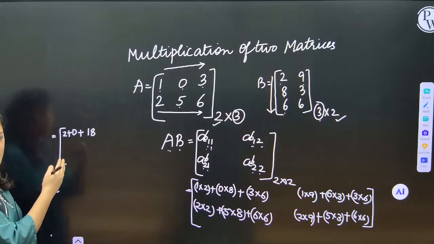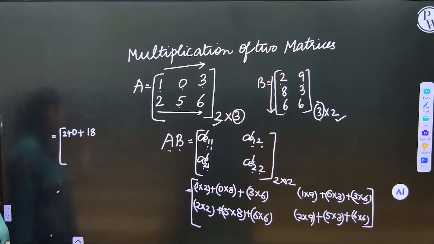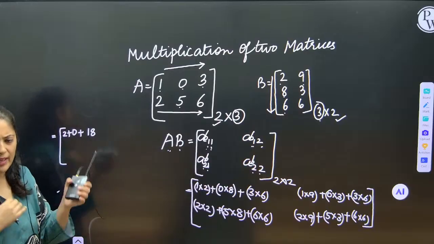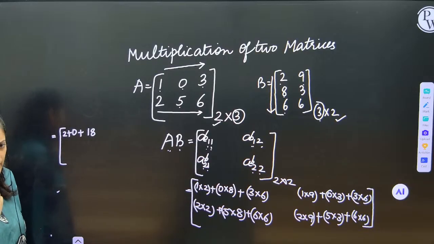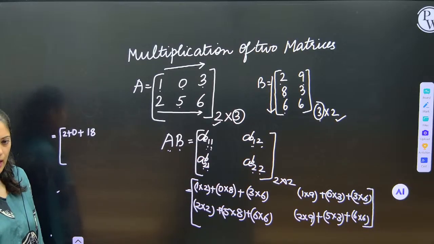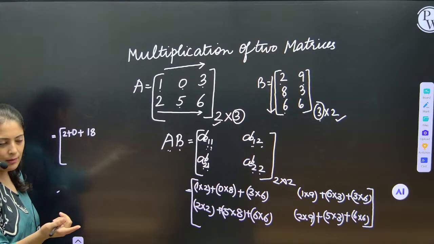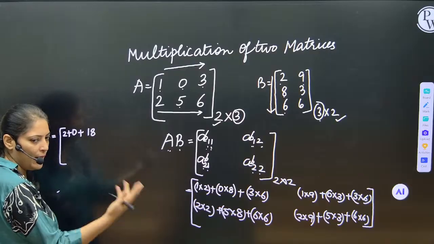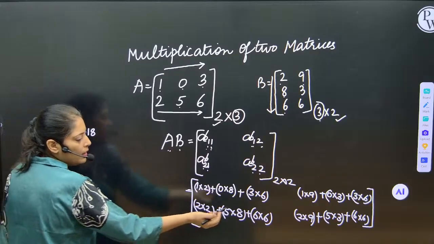Of course, this step you can skip, but when you are through with the concept, after doing so many questions, this step is not needed. We can write it directly also. If we do it in our mind, but it depends where you are writing. If you are writing it for CBSE, then you have to perform the steps. You have to write the steps also.